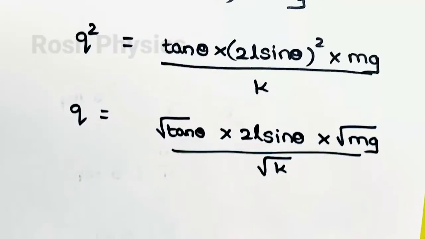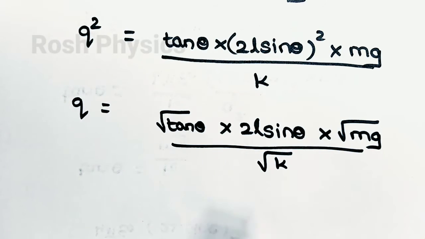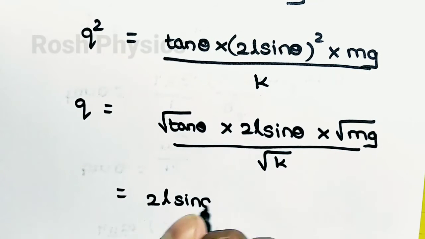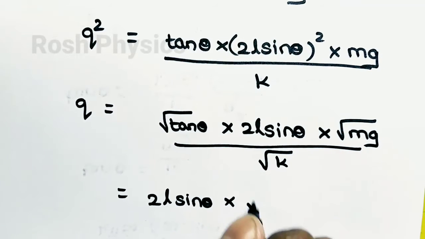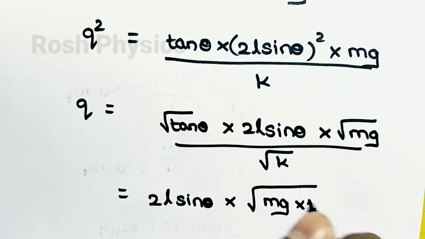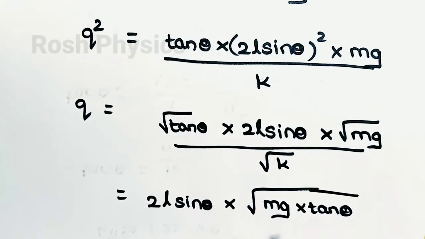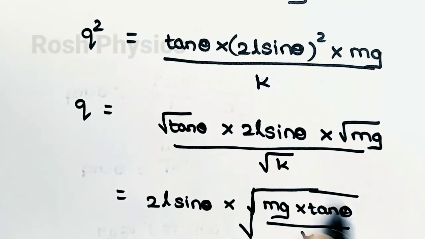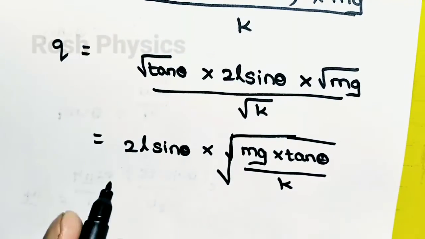I'm changing all those root terms into one form, so it becomes 2L sin theta into root of mg into tan theta divided by k. The root is for both the terms.